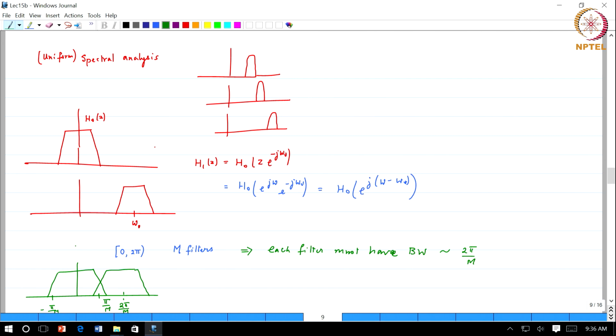So, if this is H naught, this would be H1, and in this case H1 of z is equal to H naught of z e power minus j 2 pi over M. Okay.